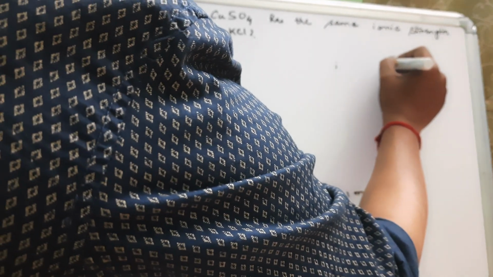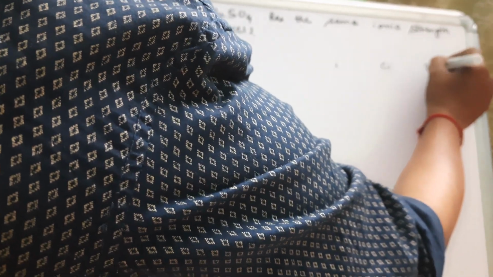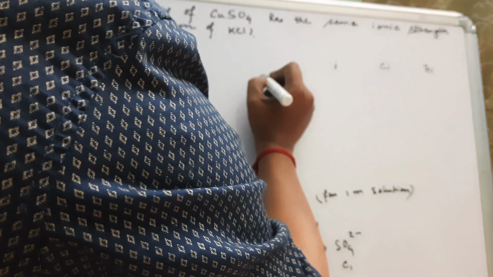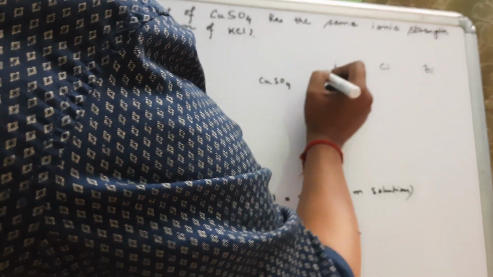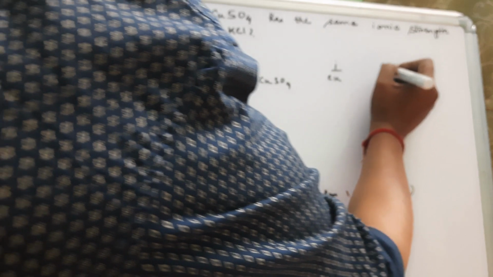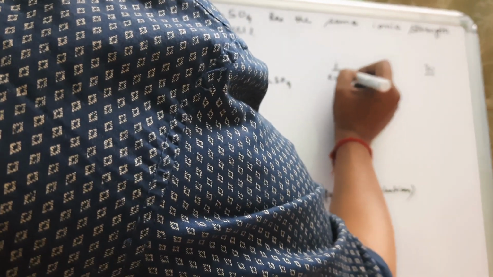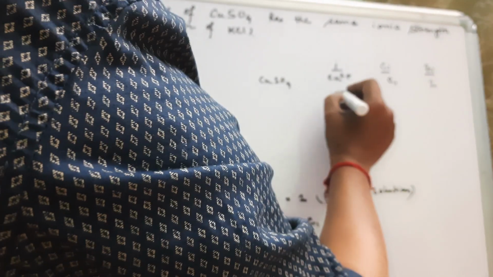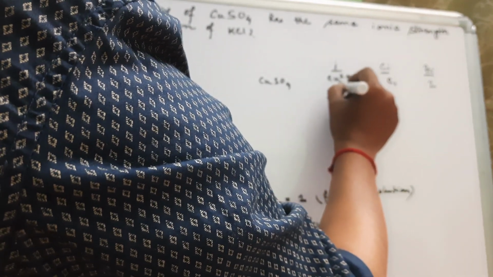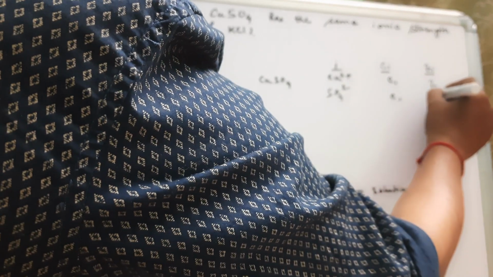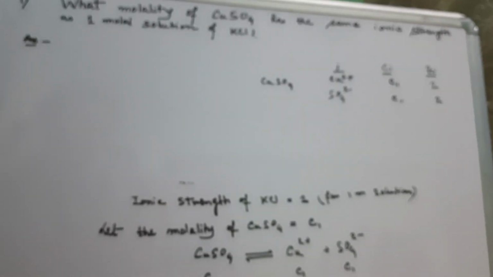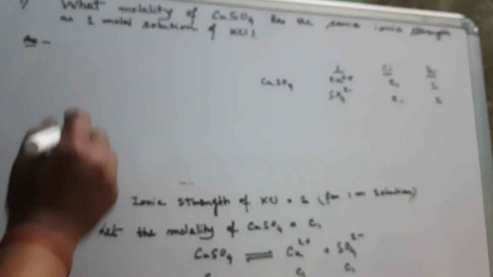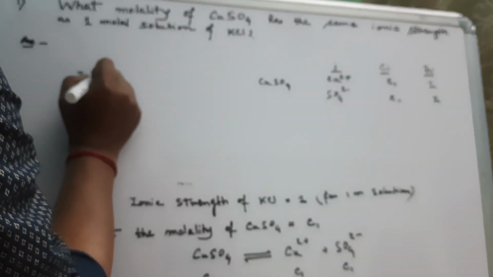For the ith species, Ci and Zi: for Cu double plus, the concentration is C1 and the oxidation state is plus 2, that is 2, and for sulfate it is C1 and 2. The ionic strength will be the same, that means the ionic strength of copper sulfate will be the same as that of the 1 molar KCl, which we have already derived as 1.